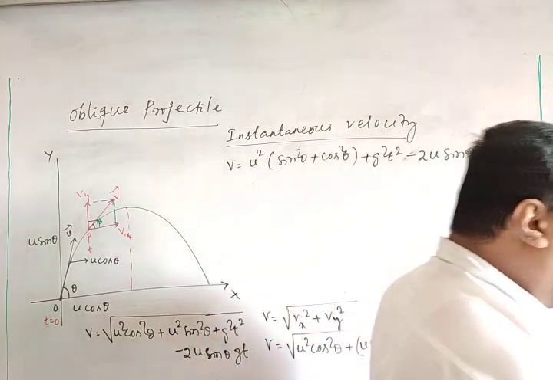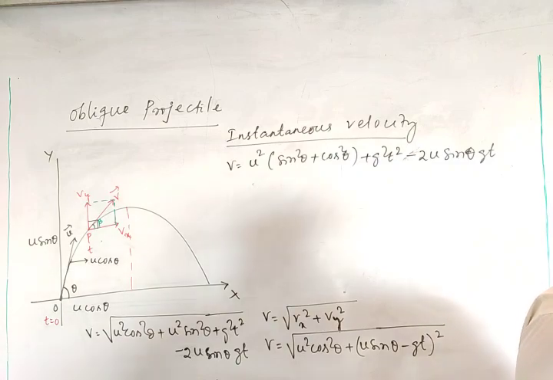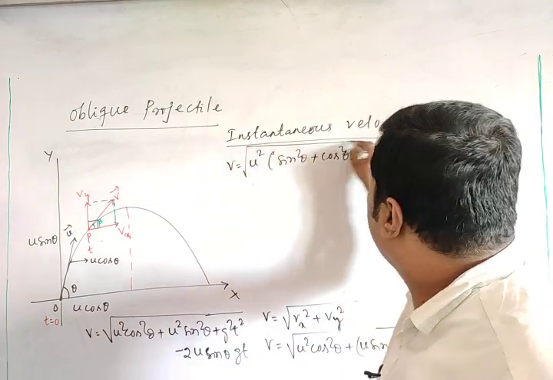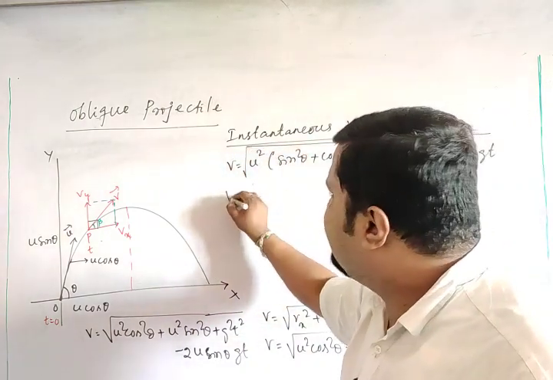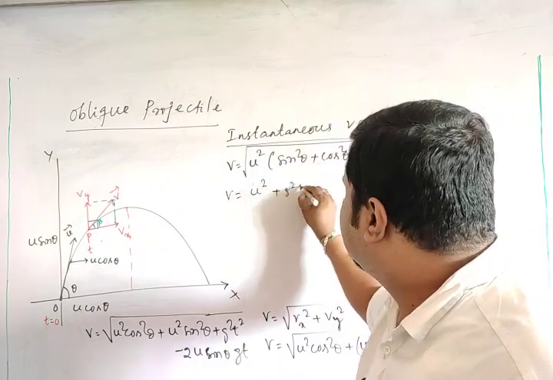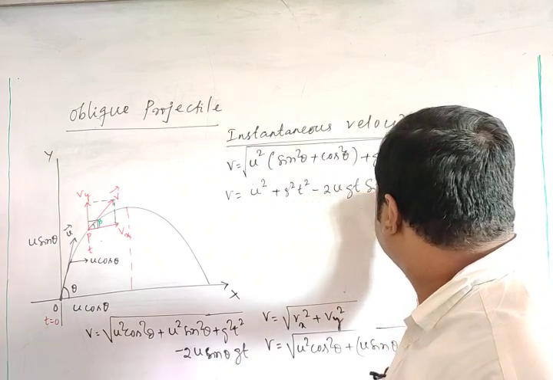We got this 2u sin theta into gt. Okay. So in this part I can write, and obviously this is the square root, v is equal to u square, this is 1, plus g square t square minus 2u gt sin theta.